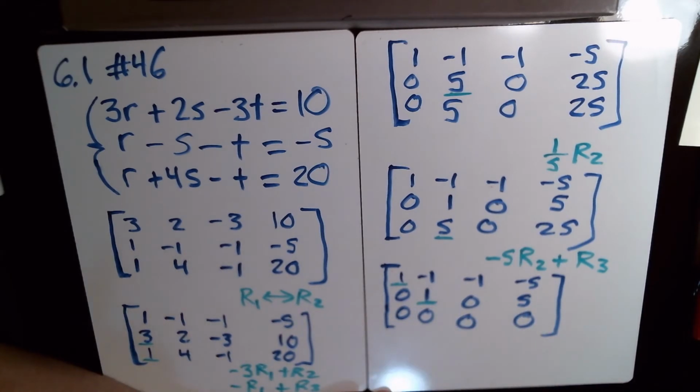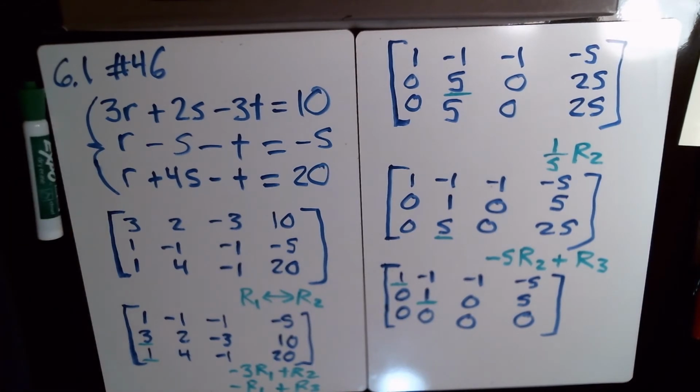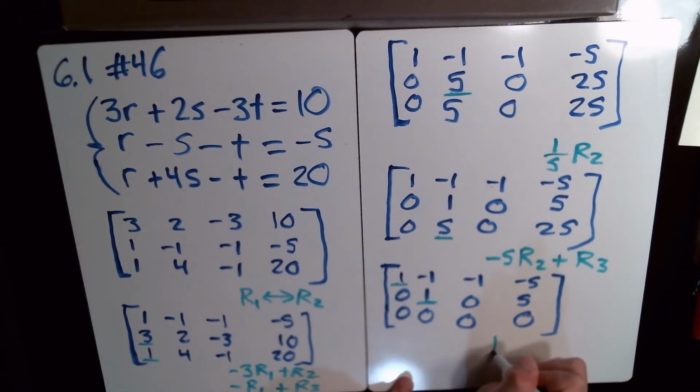So what I need to do now is just get a 0 above the leading one right here, this position. So what I'm going to do is add this row up to the first row. So we're going to do row 2, and we're going to add it up to row 1.